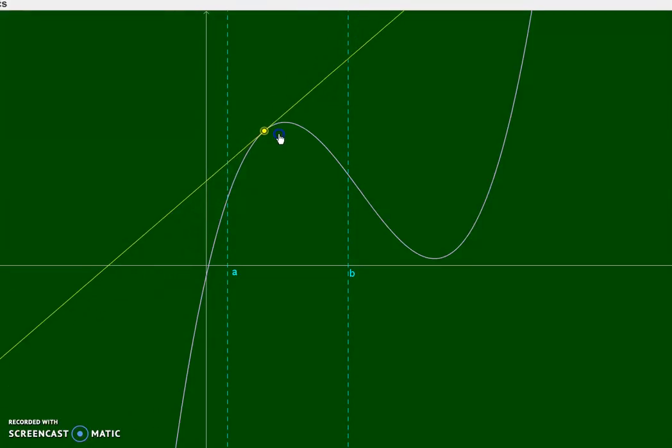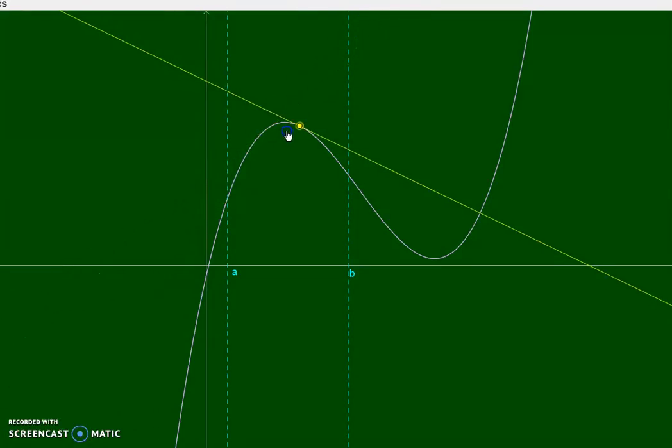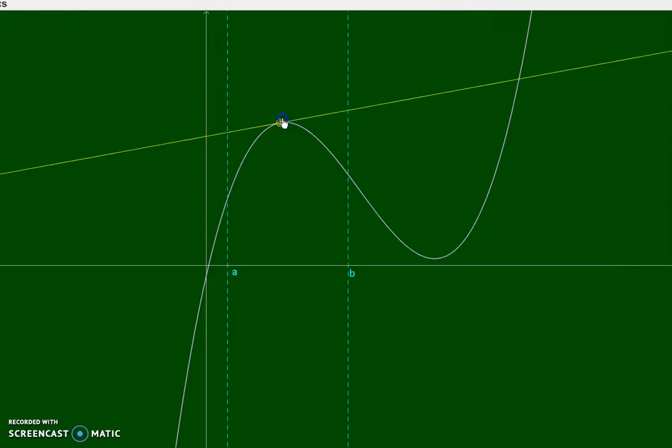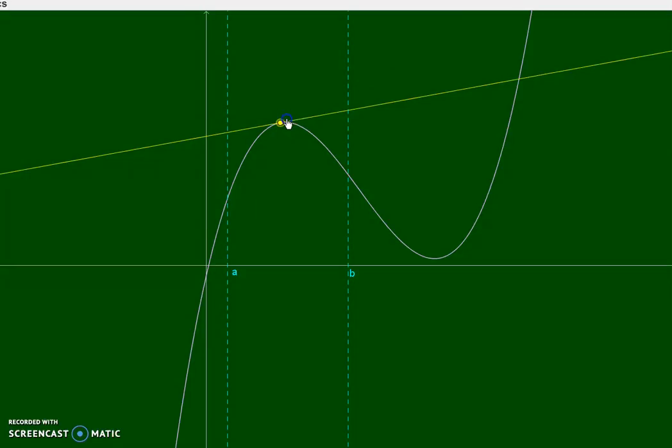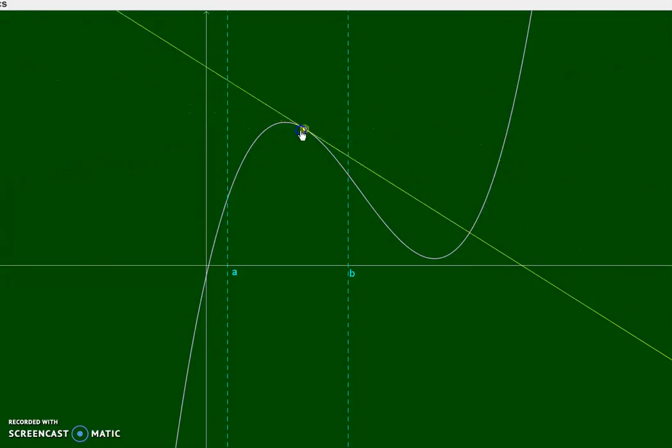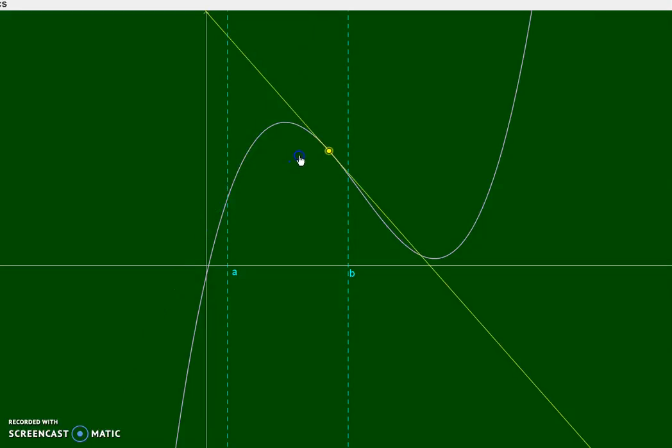The slope of the tangent line is decreasing to the point where it's 0 at the top, and then it decreases. From A to B, it's positive and getting less positive, and then negative and getting more negative. So the slope of the tangent line is decreasing on this interval from A to B.